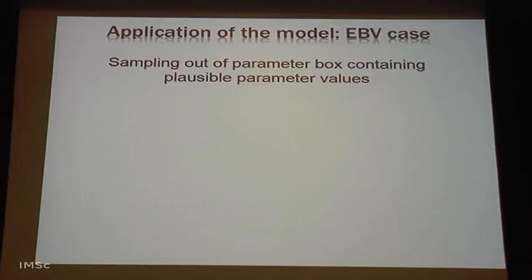So in order to validate the model, what we did was the following. I was telling you before that for each of the parameters in the model, we had not a specific value, but rather an interval. And when you think about each of those intervals, maybe I can draw it on the board.